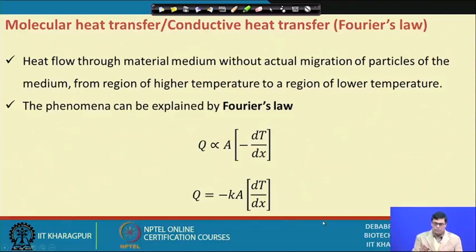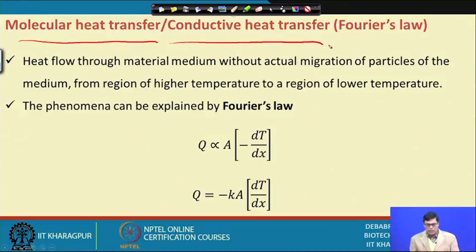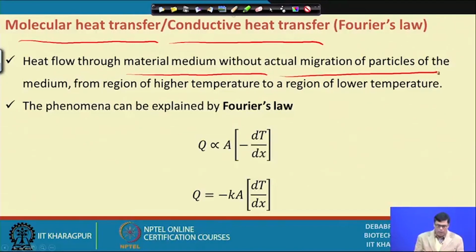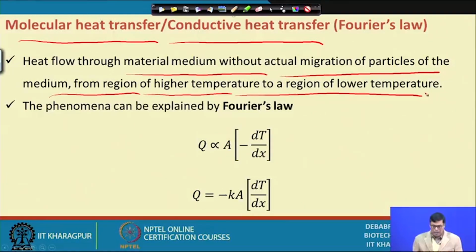Now the question comes: how do you do the analysis of this heat transfer? First is the molecular, or conductive, heat transfer. How can you express the heat flow through the material media without actual migration of the particles of the media, from the high temperature to the low temperature?